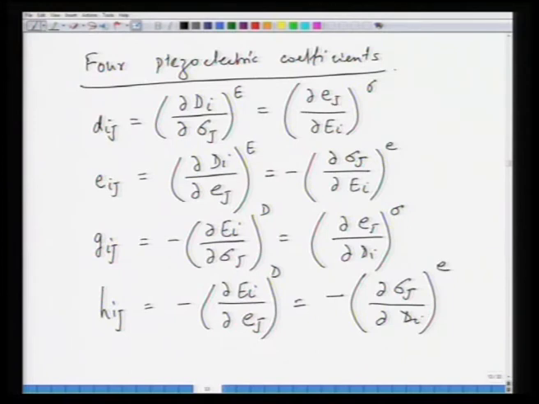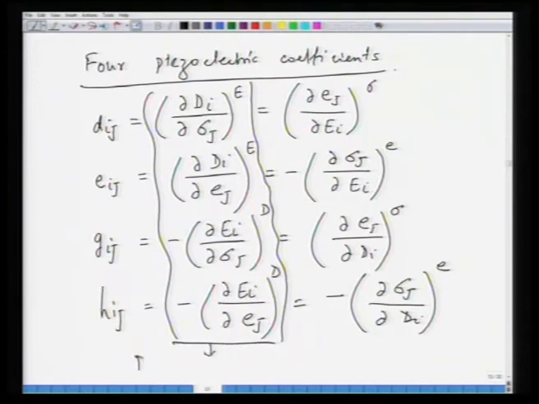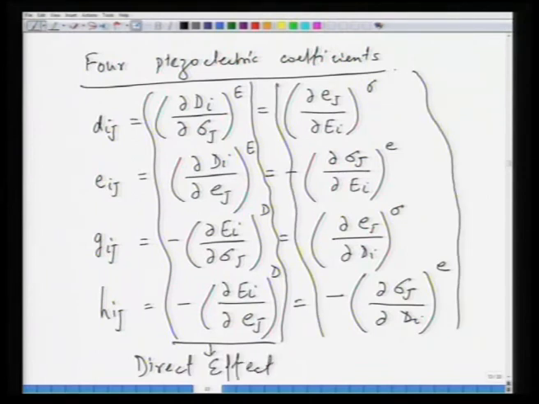So, the first set of 4 terms are your direct coefficients related to the direct effect, and these ones, as you can see here, are related to the indirect or converse effect.